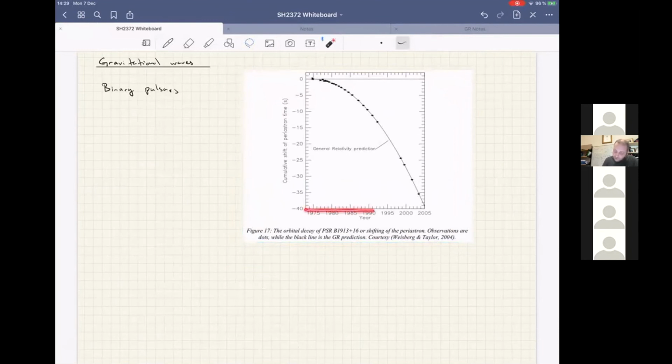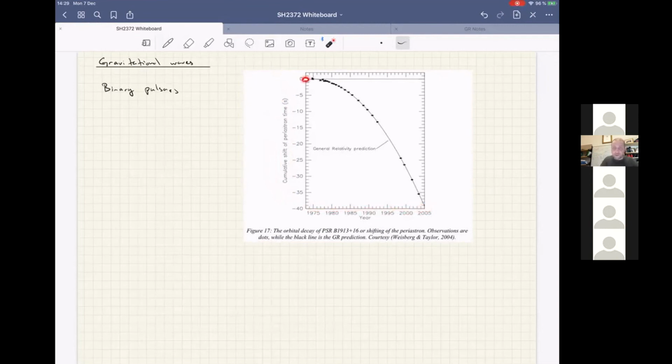What we see here, over time, is this binary pulsar, PSR B1913+16. That's a binary system that's revolving, and you can measure its revolution time essentially. And what you can see here is the cumulative shift in seconds measured over this time interval.